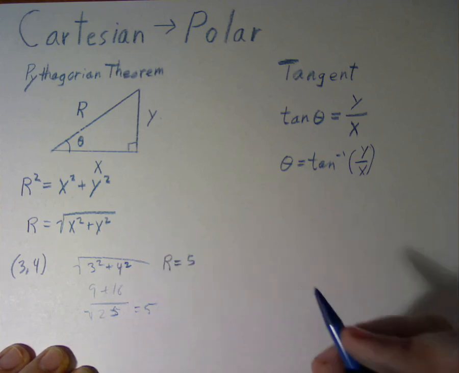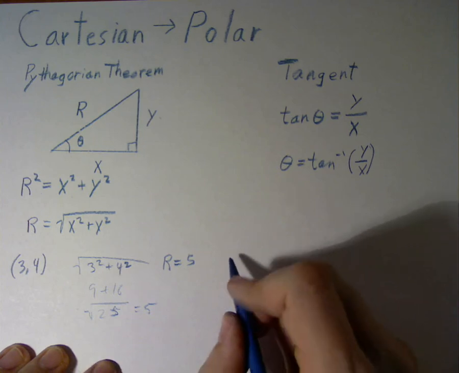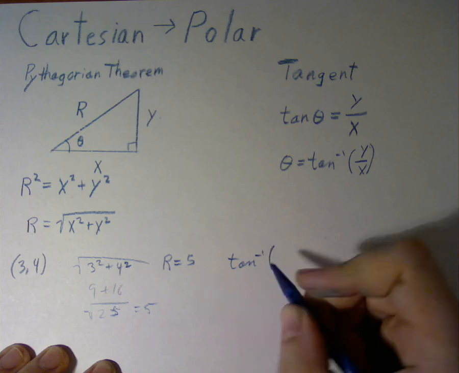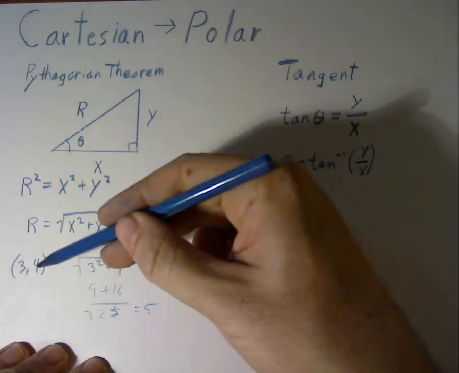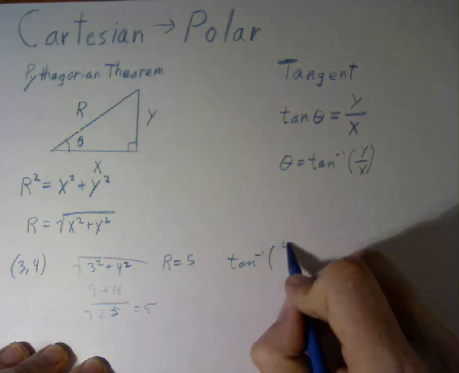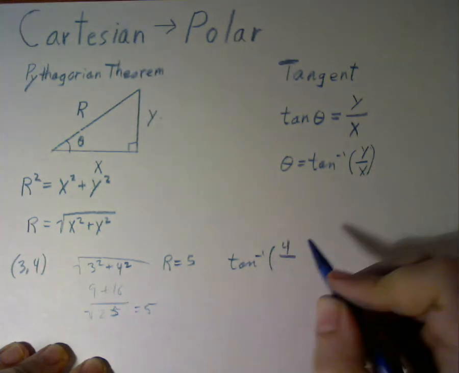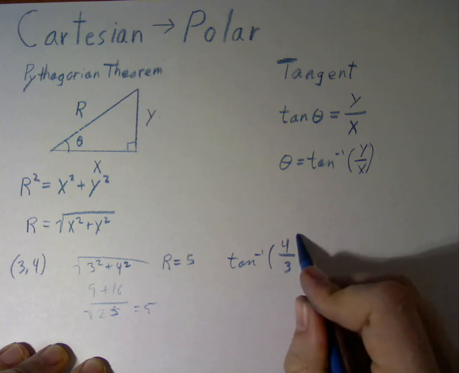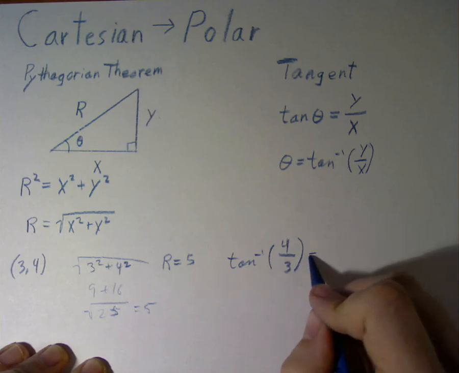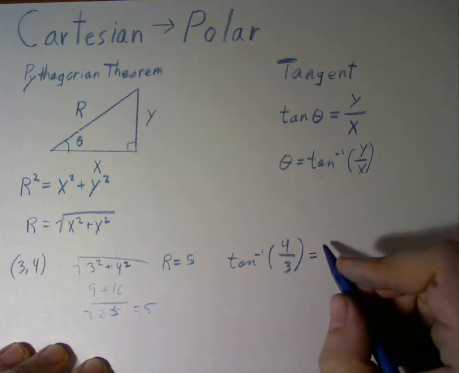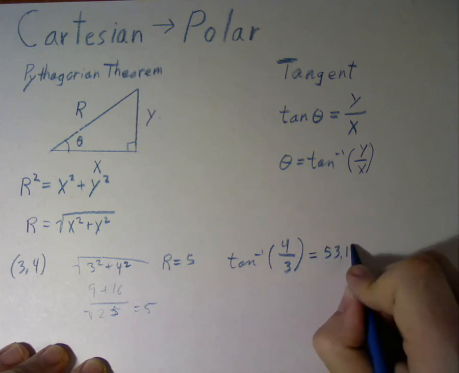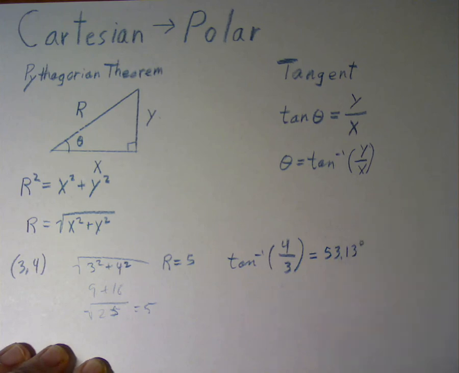Likewise, if we want to determine the angle, we take the inverse tangent of y, which is 4, over x, which is 3. And we evaluate this, and we get 53.13 degrees.